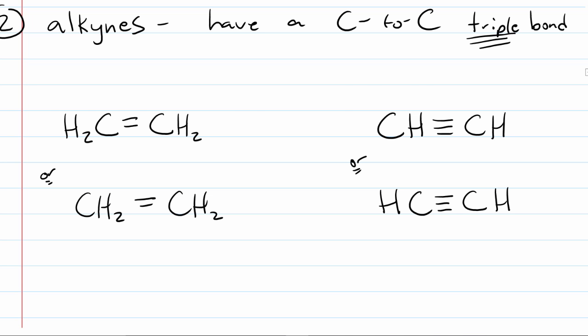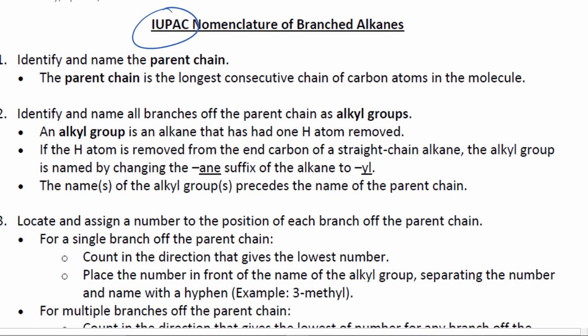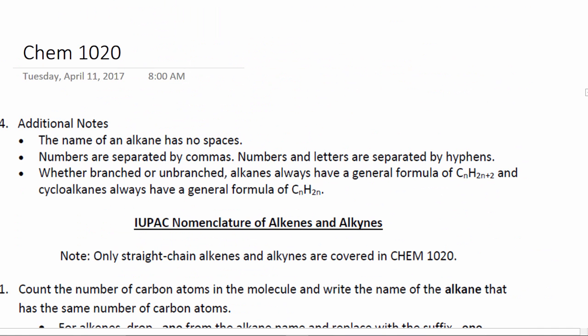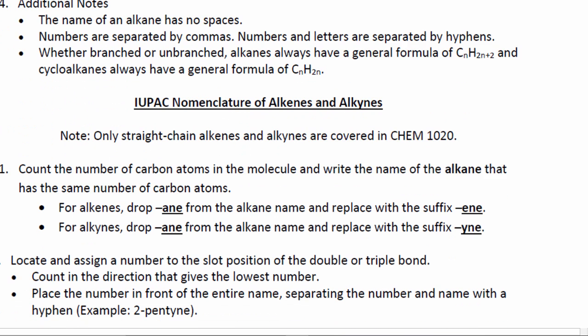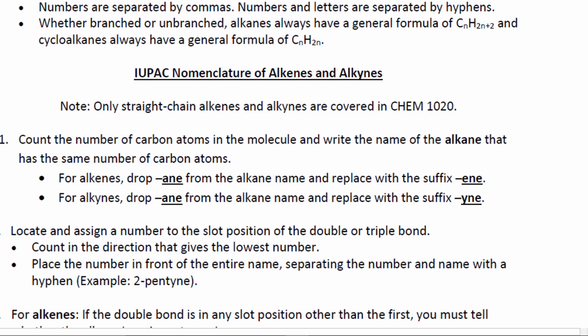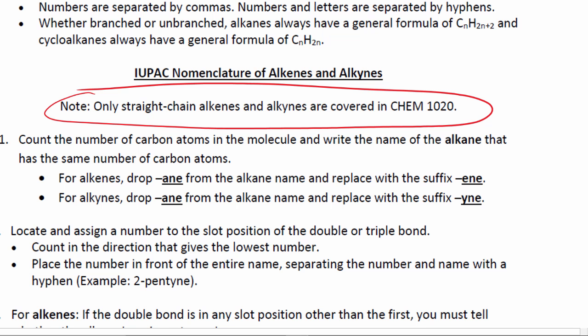So now in terms of naming these, let's see where your rules are. Here we go. This is the bottom of your handout. This is the IUPAC nomenclature for the alkenes and the alkynes. And to help you out in here, here's something we all do in Chem 1020. You're only going to be responsible for the straight chain alkenes and alkynes in Chem 1020.